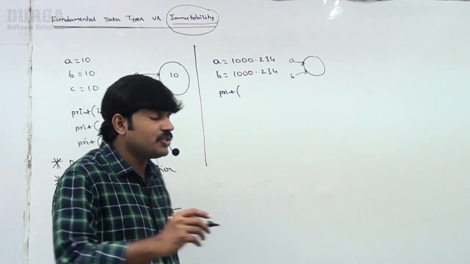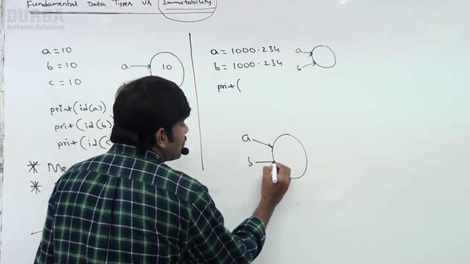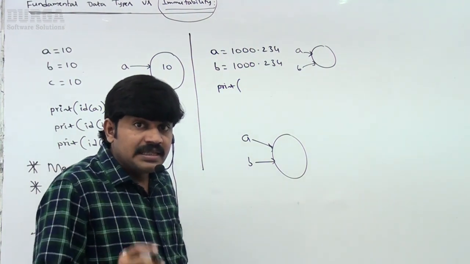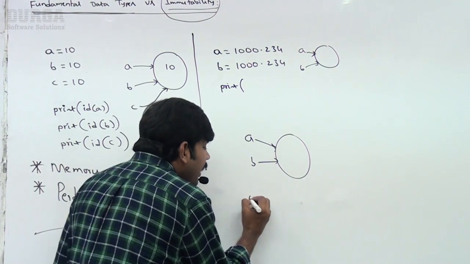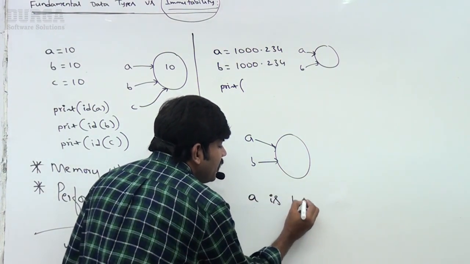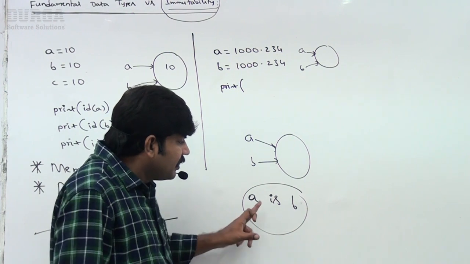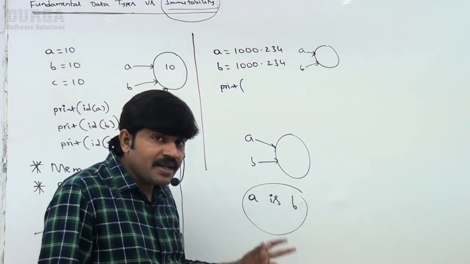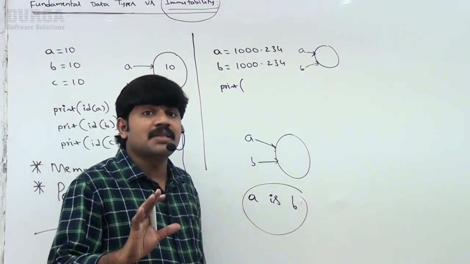If you want to check whether A and B both are pointing to the same object or not, there is an operator: is. A is B. I will explain the operators in detail later, don't worry. A is B returns true if both are pointing to the same object.